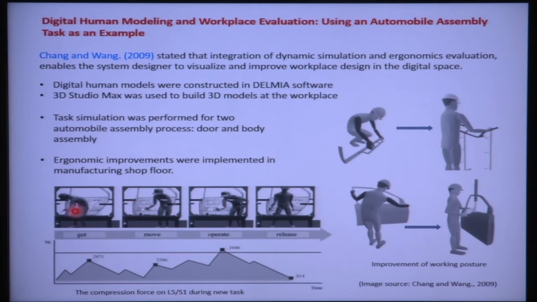Before the design modification, how was the condition? They evaluated using digital modeling software, analyzed the spinal load, and after modification also evaluated how the spinal load can be reduced by design modification of this workstation.